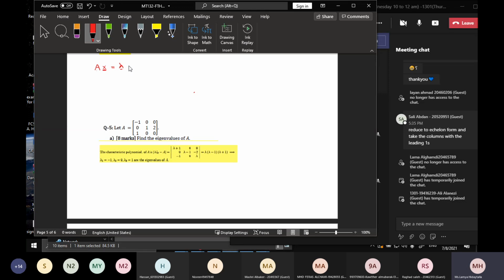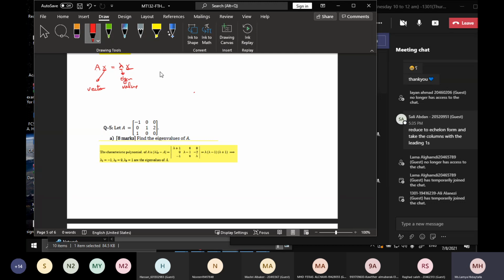So if you could find this X and this real number, we call this one the eigenvalue, and we call this X the eigenvector. Is it clear what the eigenvalue and eigenvector are?